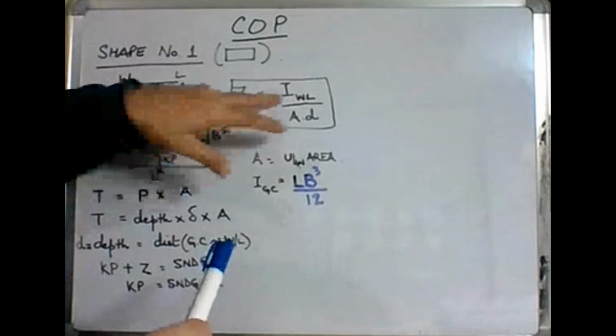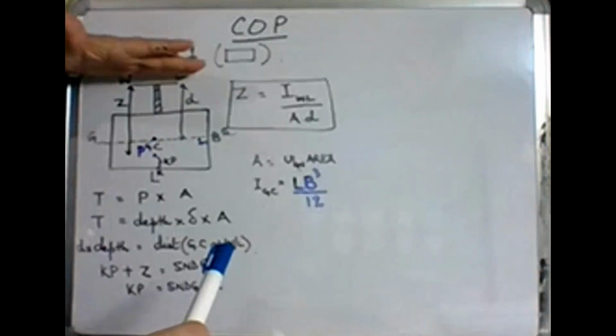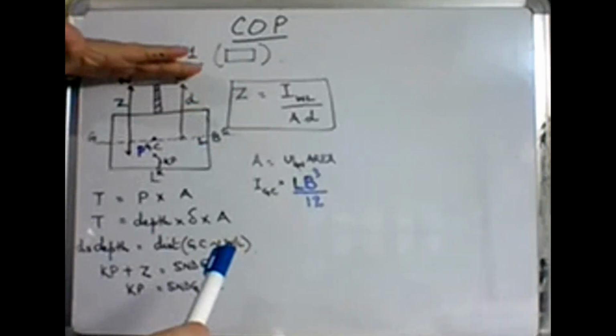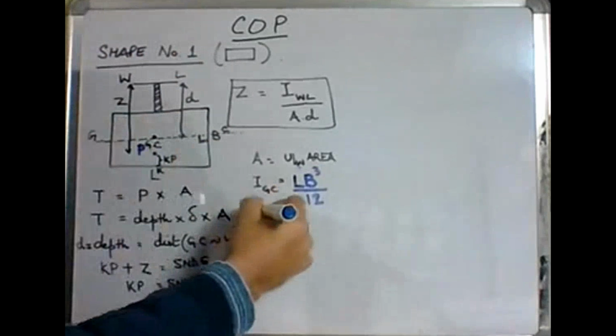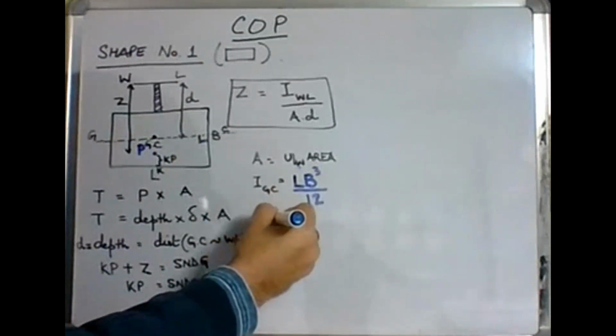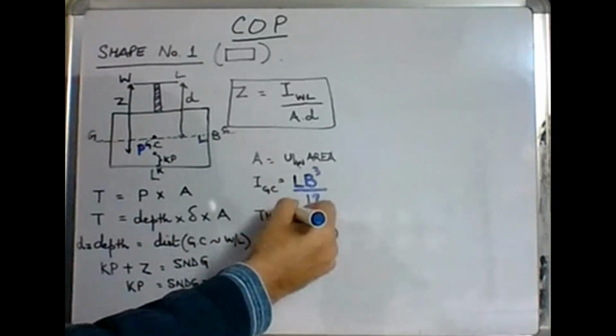But I want I water line. I want it about another axis which is parallel to this. So there is something called the theorem of parallel axis.